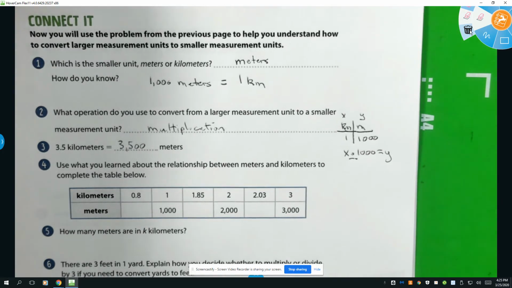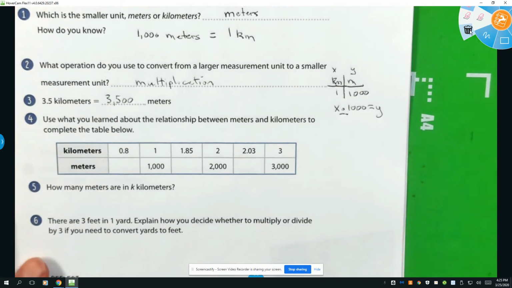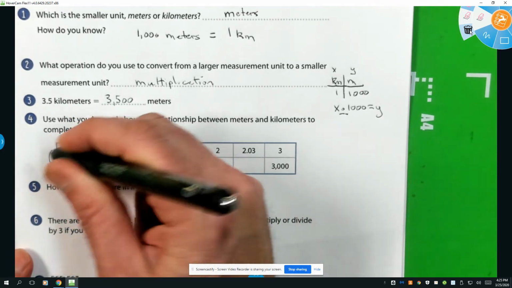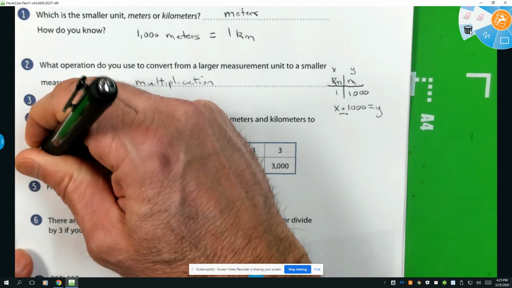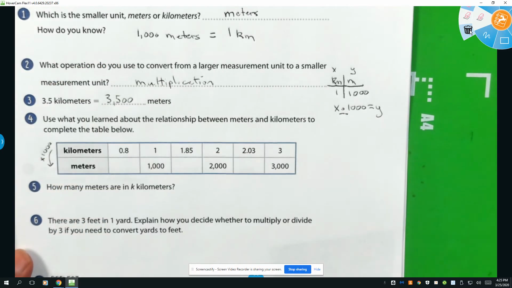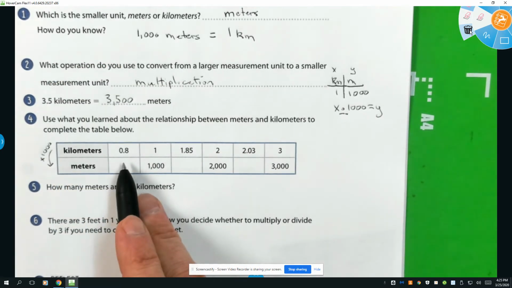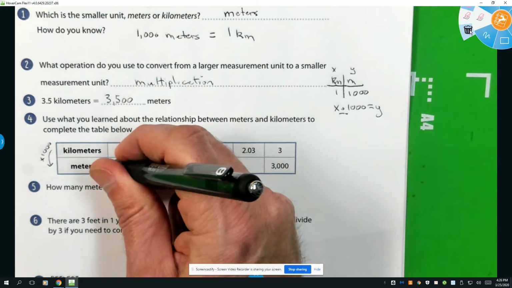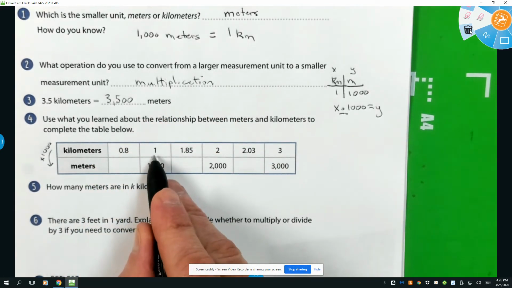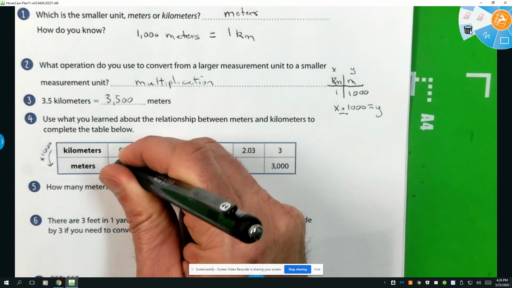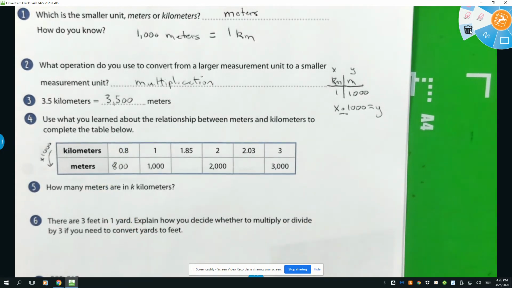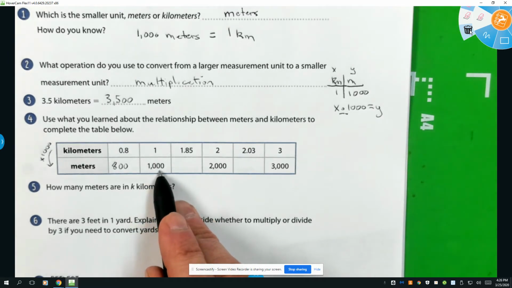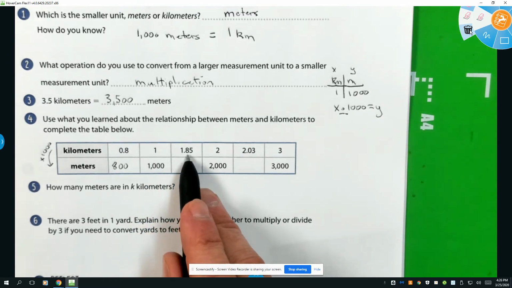All right, next question. So now, remember, if you go from kilometers to meters, all you are doing is multiplying by 1,000. So 8 tenths multiplied by 1,000 is going to be 800 meters. Okay, 1 kilometer, 1,000 meters. 1 and 85 hundredths of a kilometer.